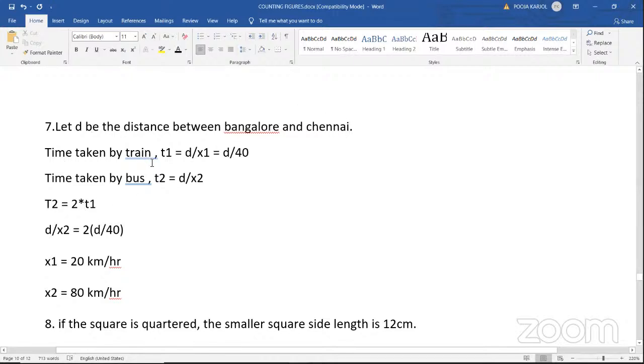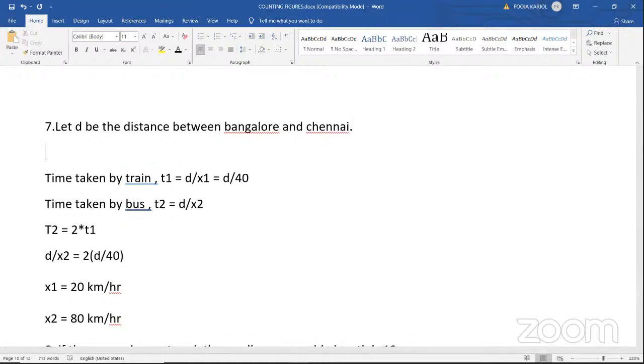Now, time taken by train T1 is equal to distance by speed. I've taken the speed of the train as x1. Time taken by train T1 is equal to D, which is the distance, by x1.